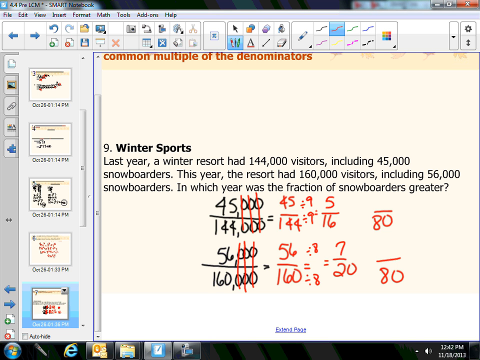So 5/16, we multiply the numerator and denominator by 5, will be 25/80. Now we can compare the two fractions. 28/80 is the largest, which would be this year's, and the greater.